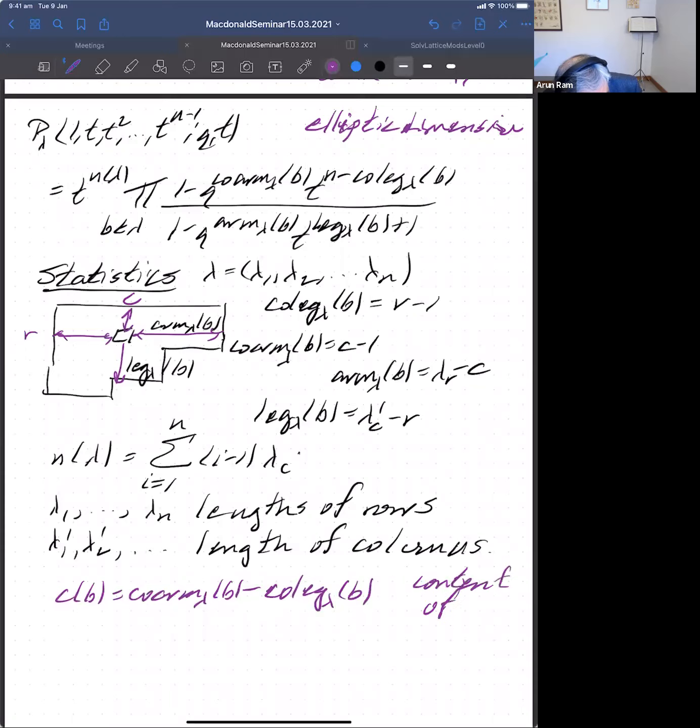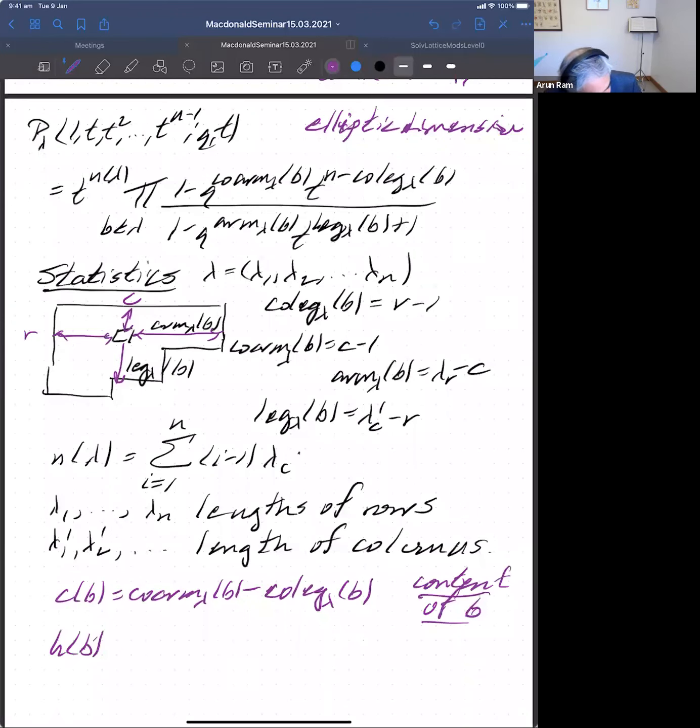of the box B. And if you do representation theory of the symmetric group, these are amazing numbers because these are the eigenvalues of Murphy elements. I thought I had understood the meaning of them until I saw that the content should not be considered just as a content. It should be considered as a coarm minus a coleg. And now I have to rethink all of my past theory.